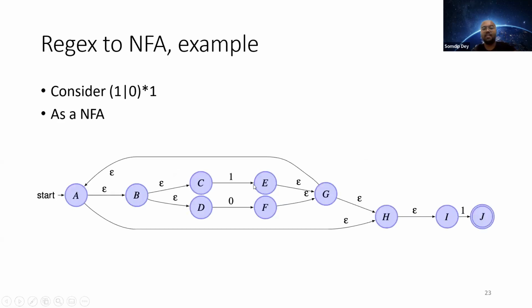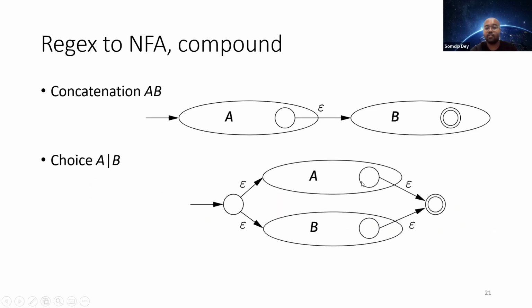So let's consider this as an example. Say you have the regular expression 1 or 0 star, followed by 1. The 1 has to be the accept state. Then the NFA will look something like this. If you remember, we are using first the rule where you have A or B. So your NFA will look something like the start transition and epsilon moves.